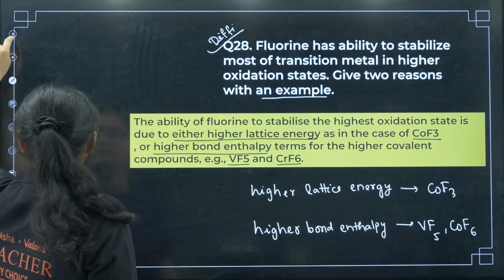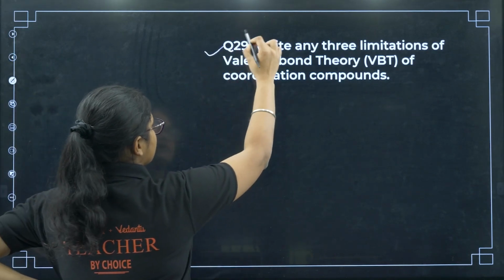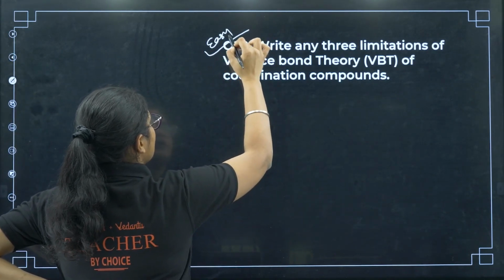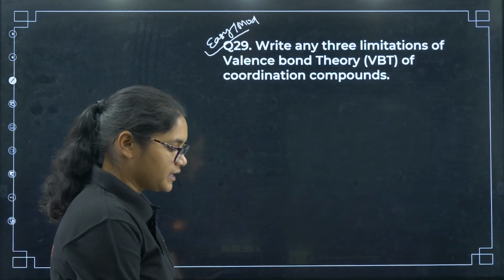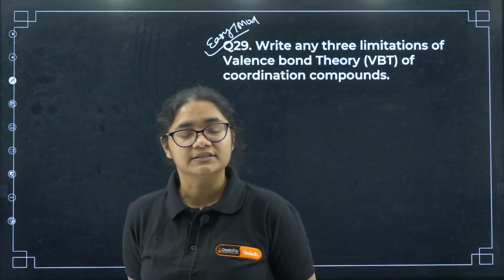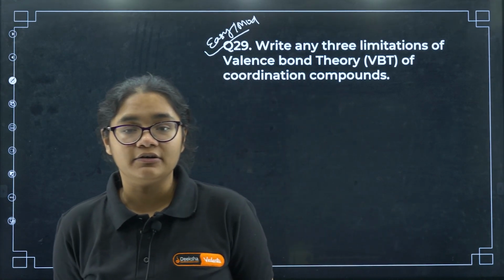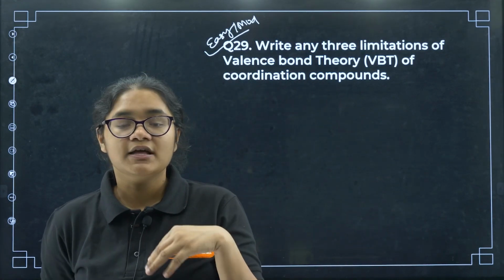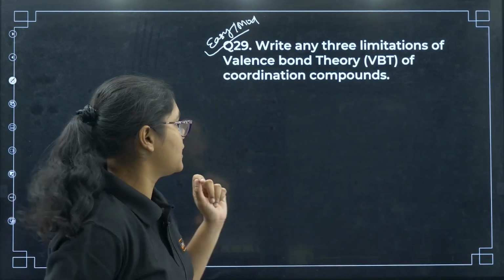Okay. Next, write any 3 limitations of VBT. This I think is also an easy question, or I can also say moderate, because generally from coordination chemistry we expect one question which is very common, the hybridization, geometry and the magnetic property of [Co(NH3)6], but that question has not been asked.